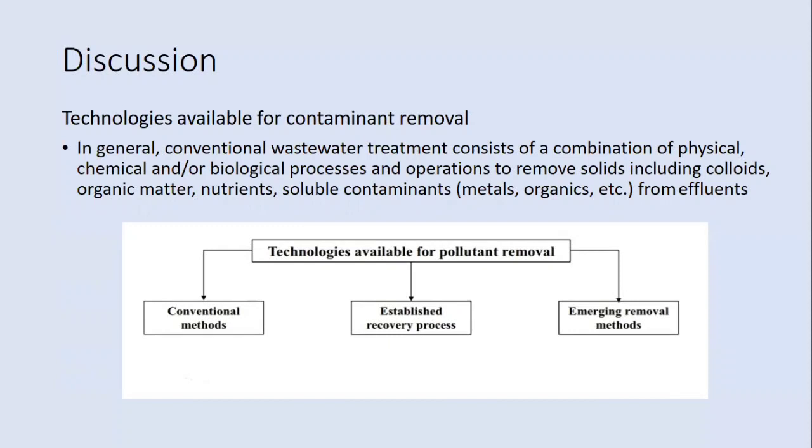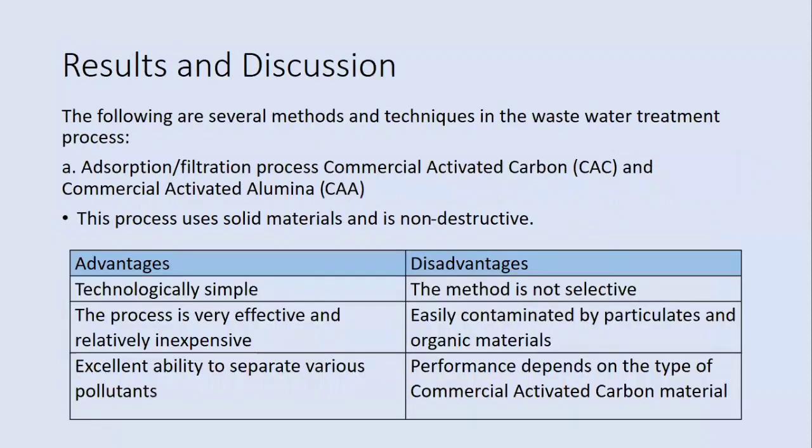There are technologies available for pollutant removal. First, conventional methods. Second, established recovery process. And third, emerging removal methods. Next, there are results and discussions. The following are several methods and techniques in the wastewater treatment process.